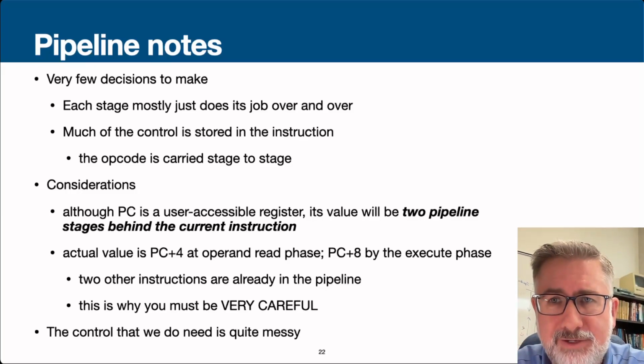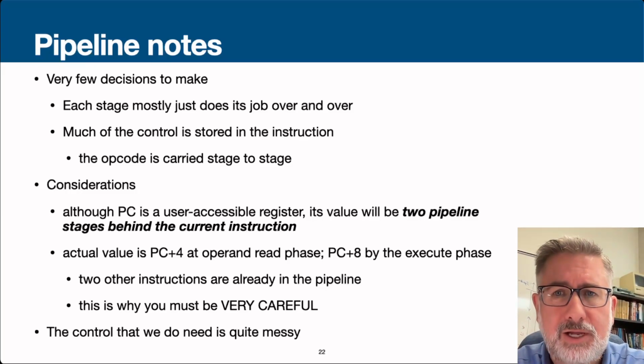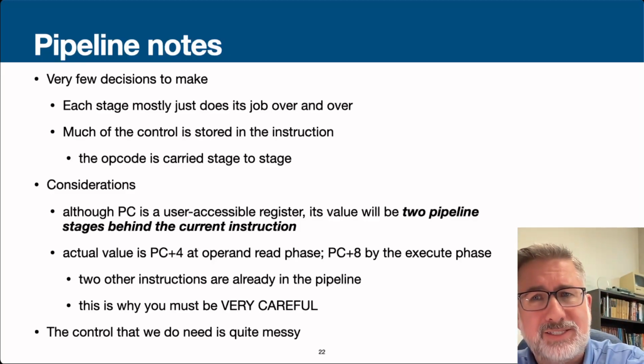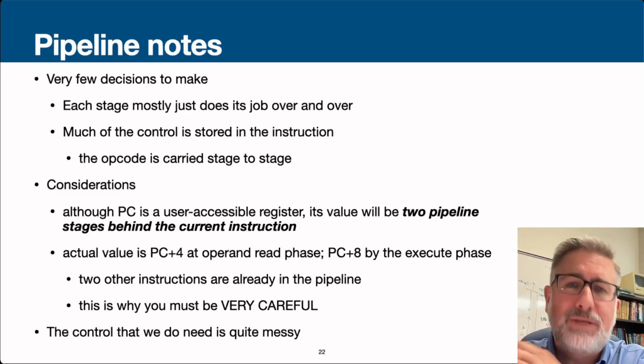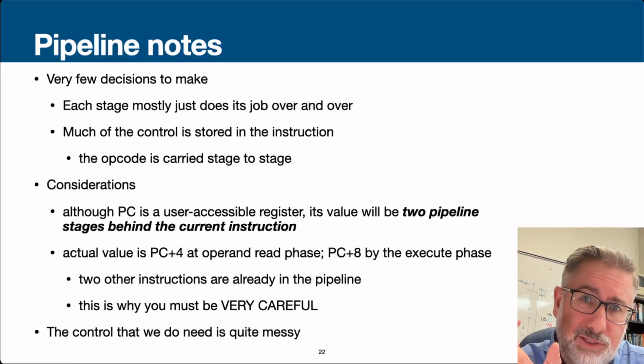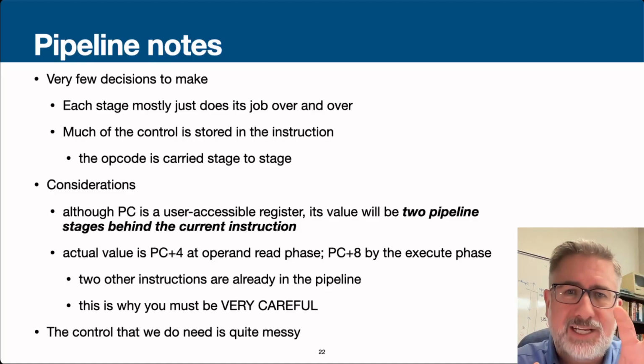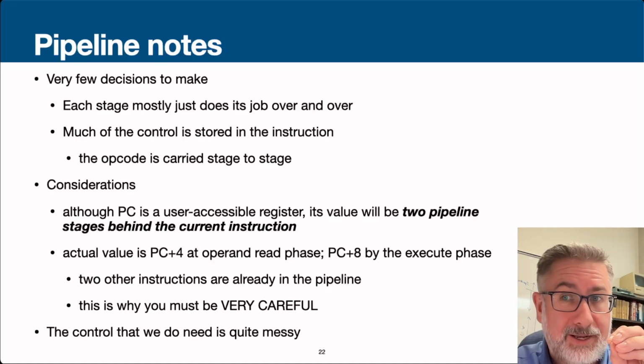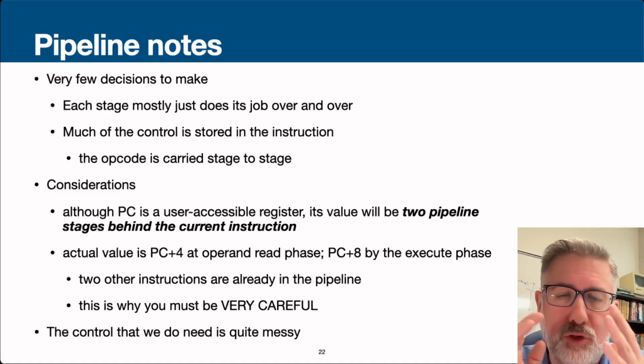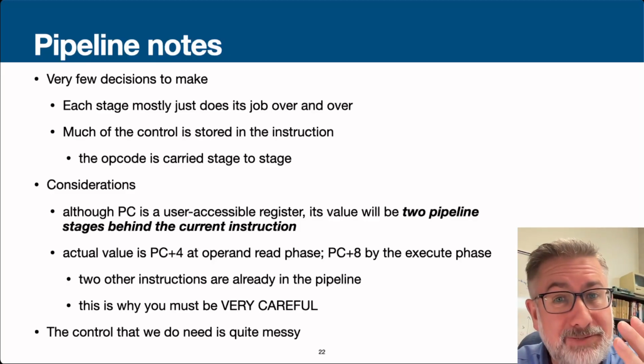So the program counter is a usable, user-accessible register, but its value is going to be 2 pipeline stages behind the current instruction, because we are loading the instruction two instructions later when we are executing the instruction we're looking at right now. So by the time we're looking at the program counter, it's PC plus 4.